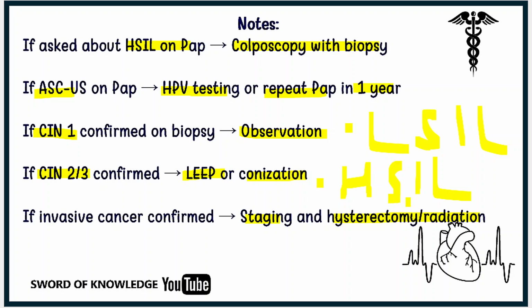Our approach is different for different results. If we suspect the patient has cancer of the cervix, then we do hysterectomy, staging and radiation. So our question was about HSIL, and the answer was colposcopy with biopsy.